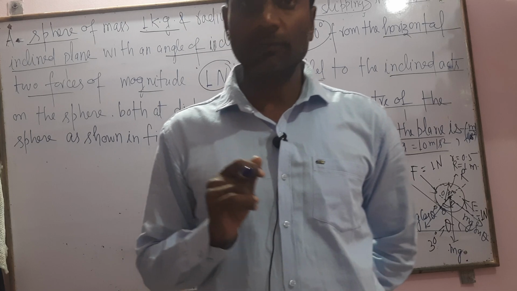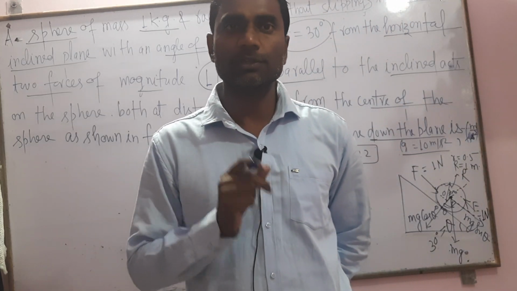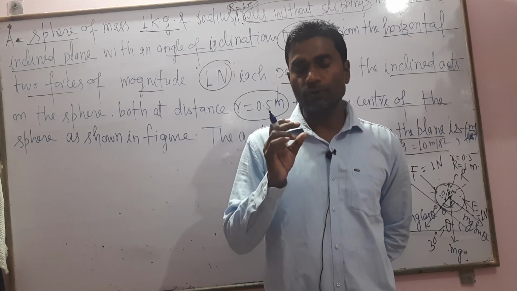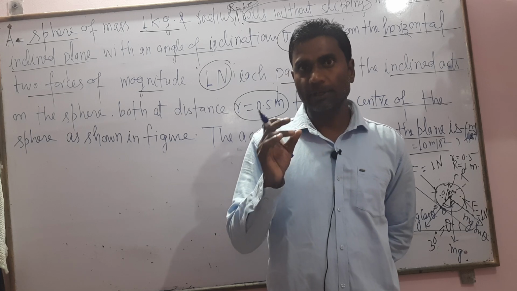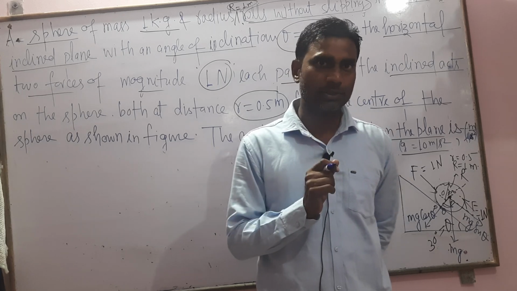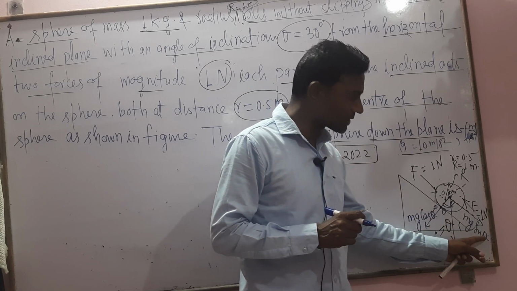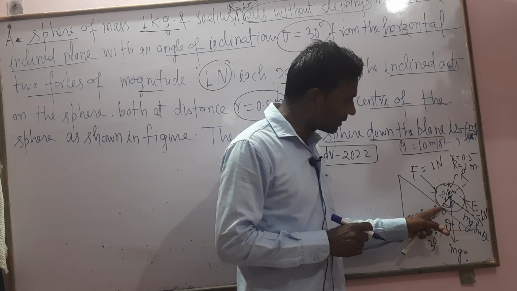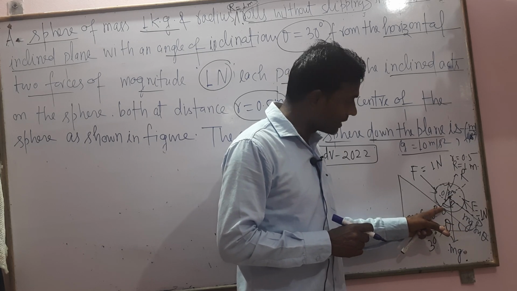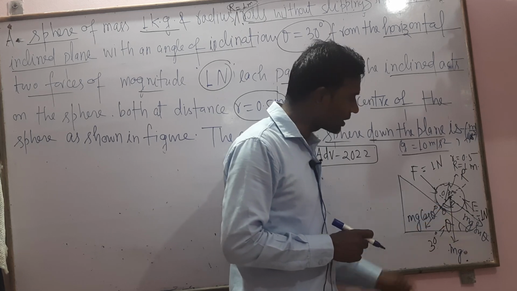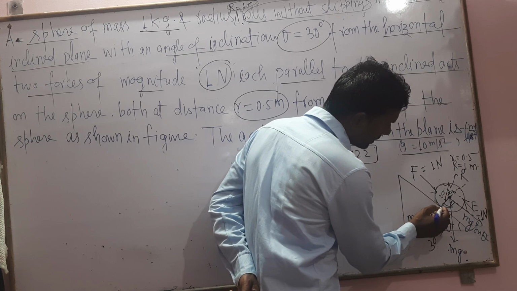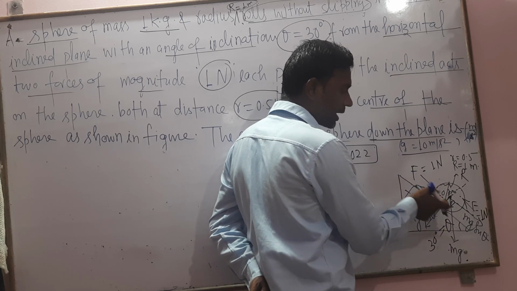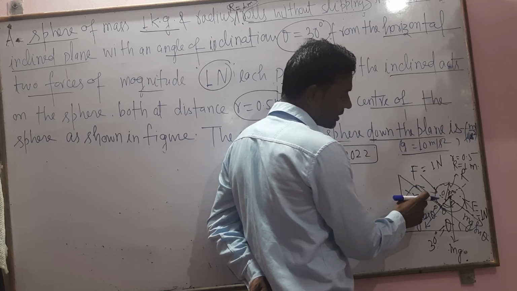The direction of the tendency of the contact point is opposite to the frictional force. Since mg sin theta is downward, this contact point tends to move downward, so the frictional force f_r is parallel to the incline and up the incline, not down the incline.